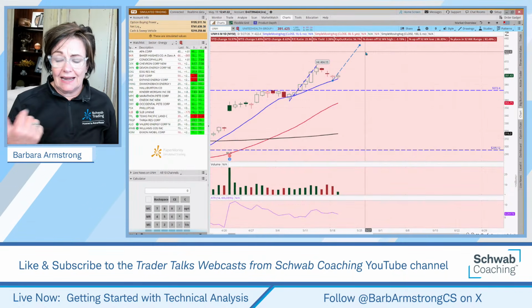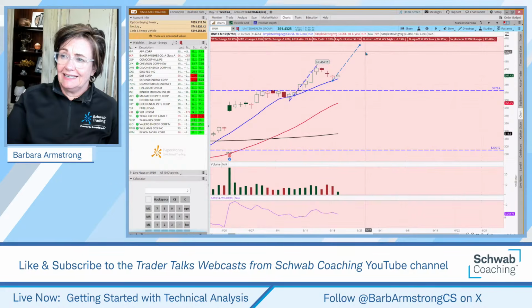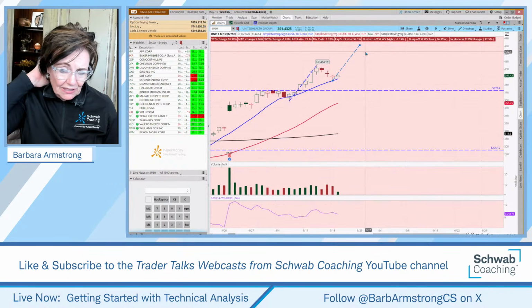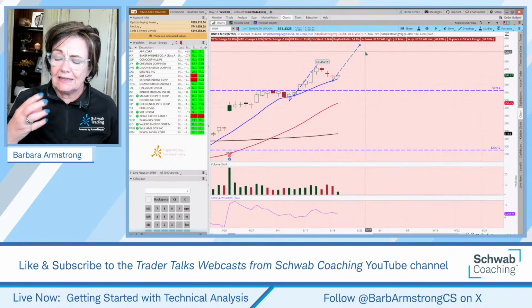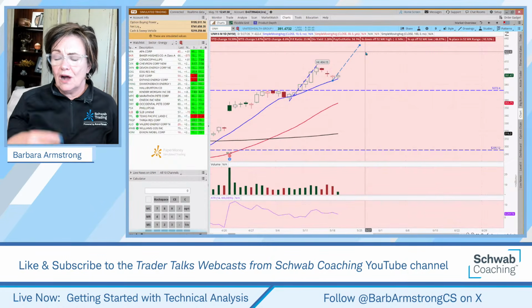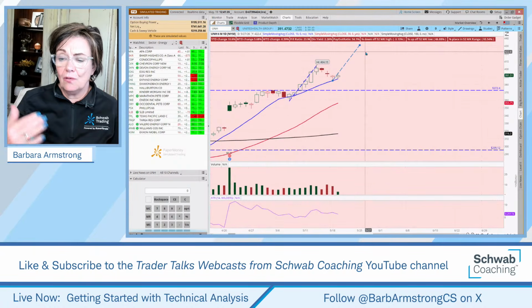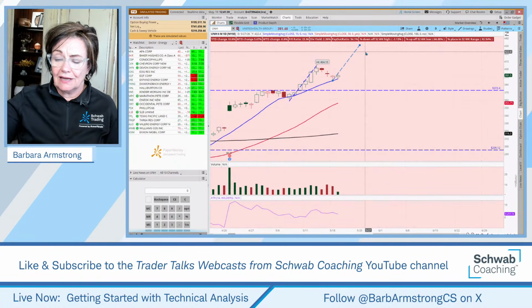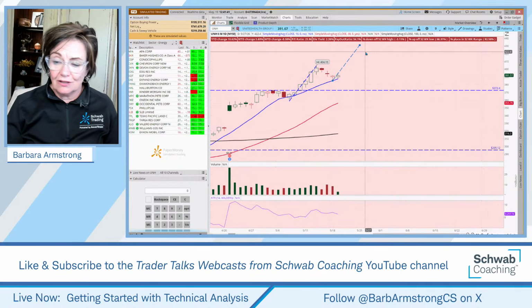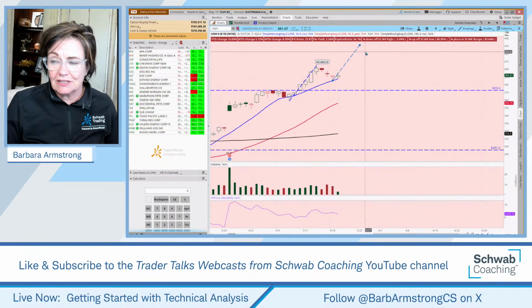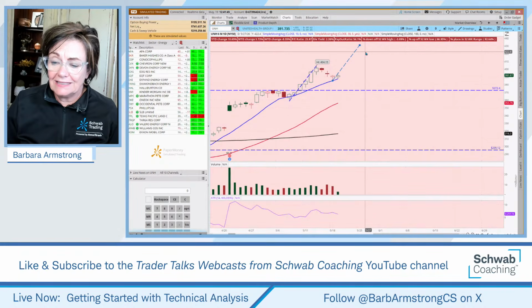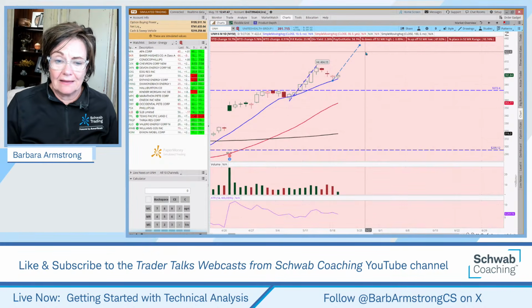We did look at a cup and handle pattern. We did look at a bull flag pattern. So we looked at several patterns, but really the theme for today was to look at a pattern and to use a pattern to help you determine both a target and an exit. We didn't look at Fibonacci patterns today. We'll probably take a whole class to look at that.